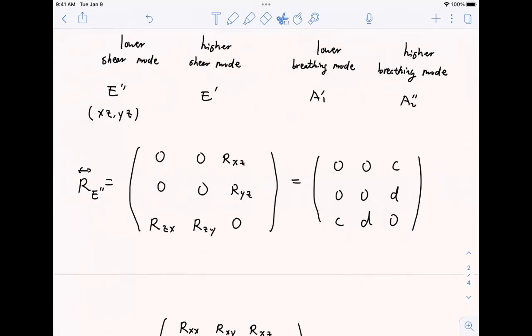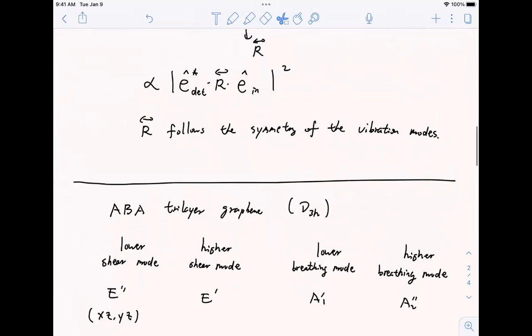This is the form of the Raman tensor, and you can get it easily. So what does it mean? Then we only need to consider this part.